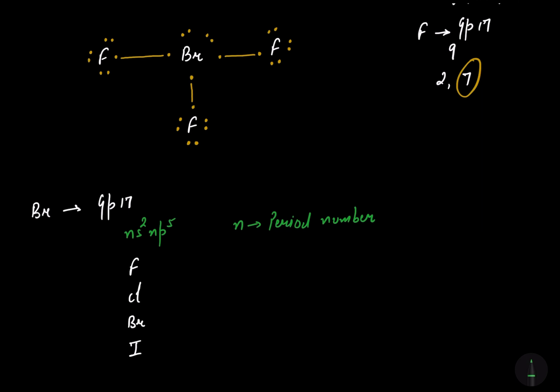Now, fluorine belongs to the second period, chlorine to the third period, and bromine to the fourth period. So the configuration of bromine comes out to be 4s2 4p5, and it's also having the d orbitals, so it's 4d0. So we got the electronic configuration of bromine to be 4s2 4p5 4d0.